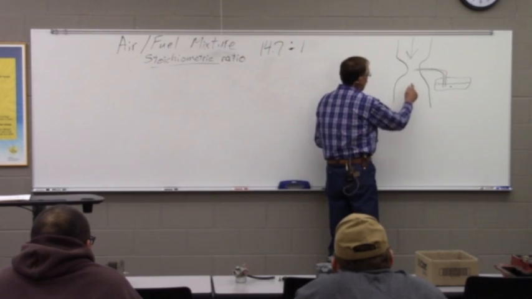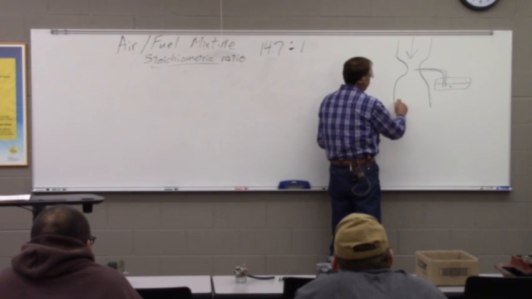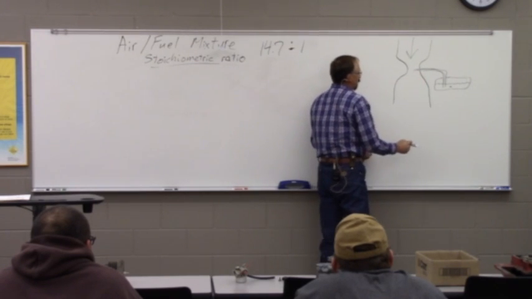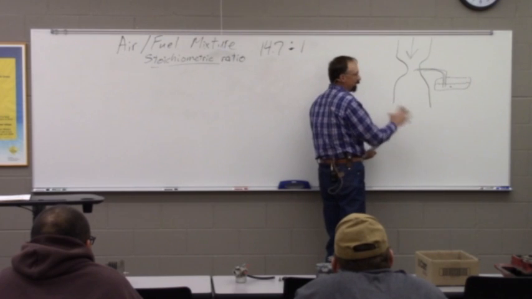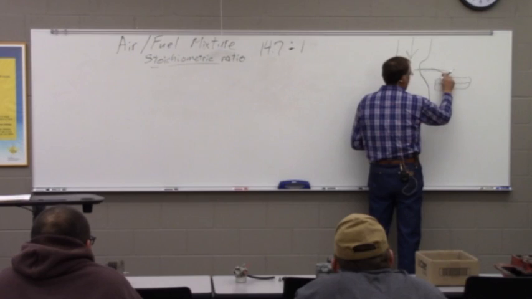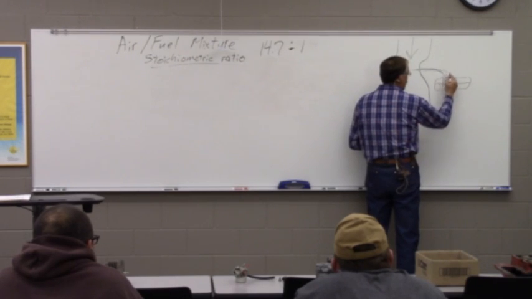Now, that sucks the fuel up in here and mixes it. So to get the mixture where we want it, what's typically done is we make a restriction in this.